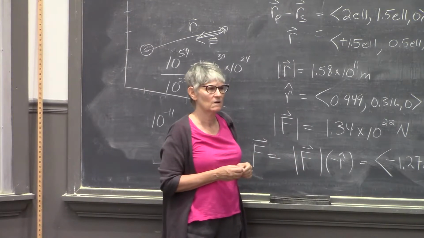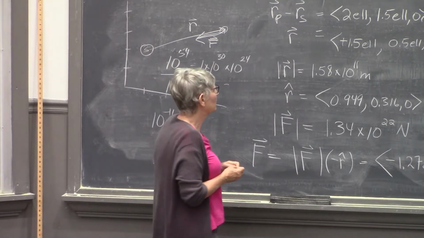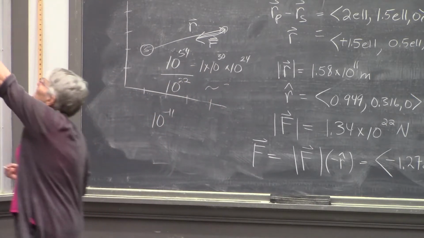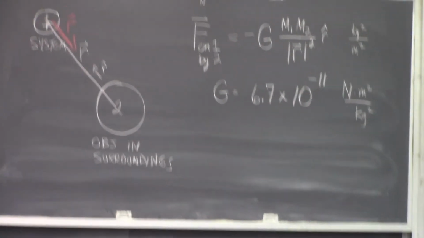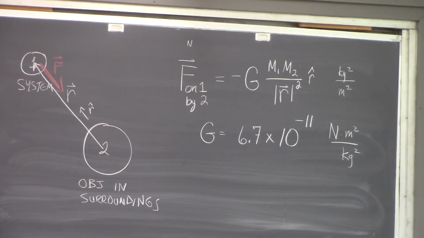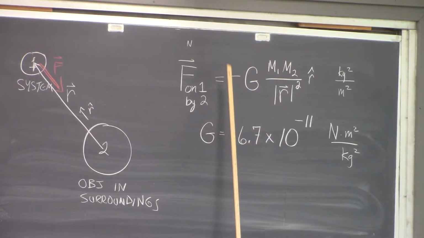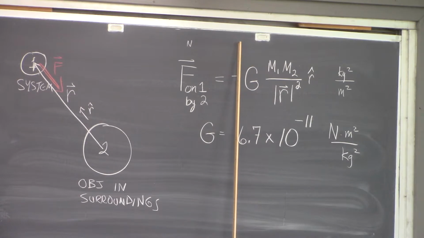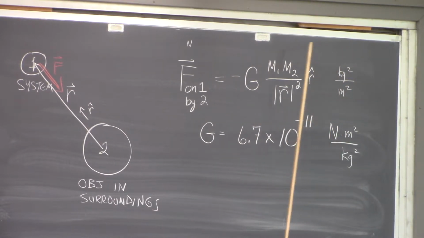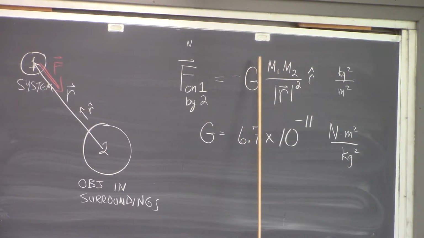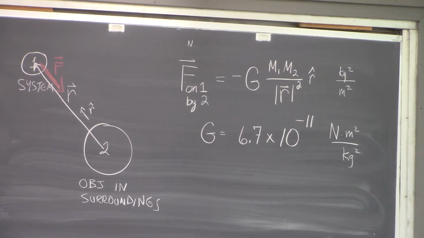Why is r hat negative? Like, how do we put the negative? Well, it's up there in our force equation, right? The magnitude of the force is going to be a positive number. So the magnitude of that whole thing is just going to be G times m1 times m2 over the magnitude of r squared, right?